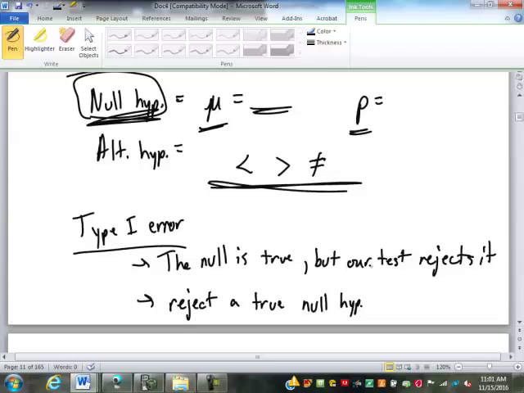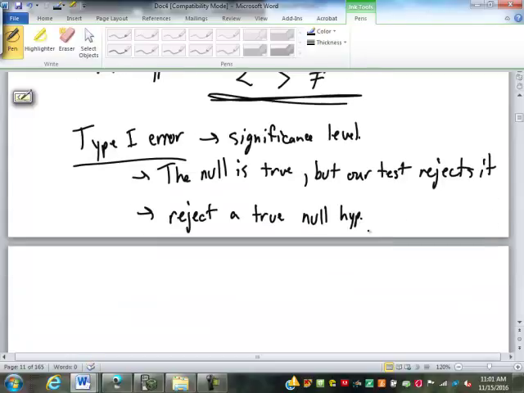Now the probability of getting a type 1 error is always equal to our significance level. That's alpha.